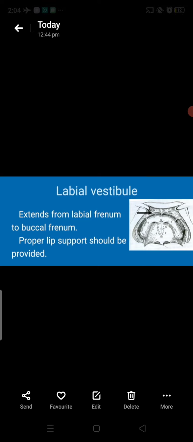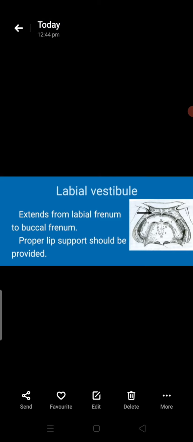Now the second anterior limiting area is the labial vestibule. Labial vestibule is the region which extends from the labial frenum to the buccal frenum, which is present in the premolar area. This space is called the labial vestibule.